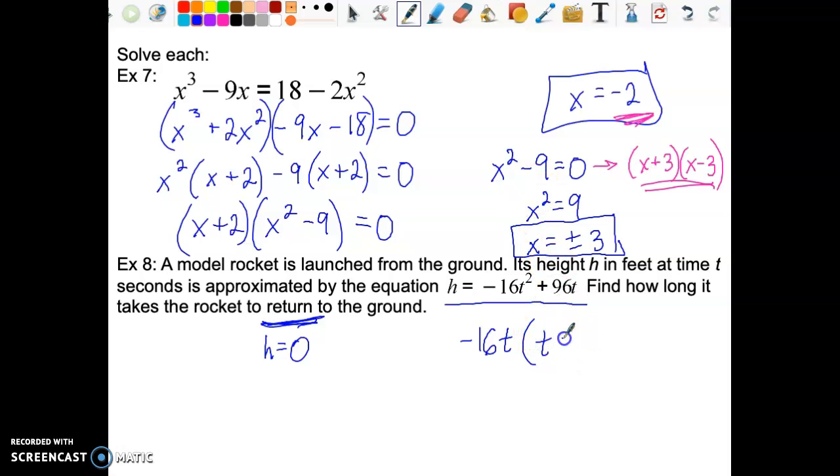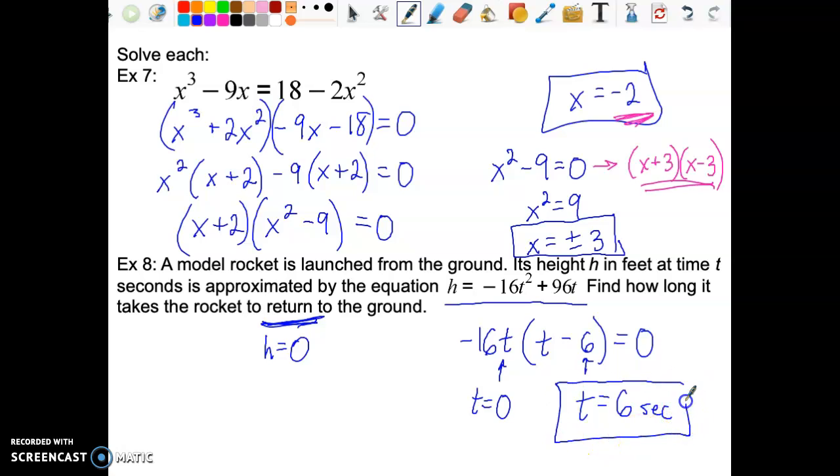So you're left with t minus 6 is equal to 0. Now this t does equal 0, but it's just saying like, hey, when we launched at time 0, it was on the ground, which is true. It was. The rocket was launched from the ground. But then this t equaling 6 is when it comes back to Earth.